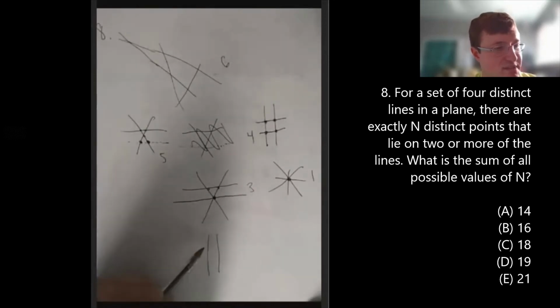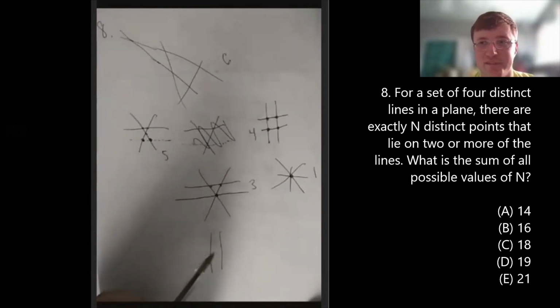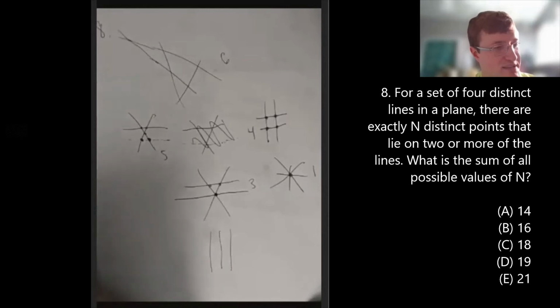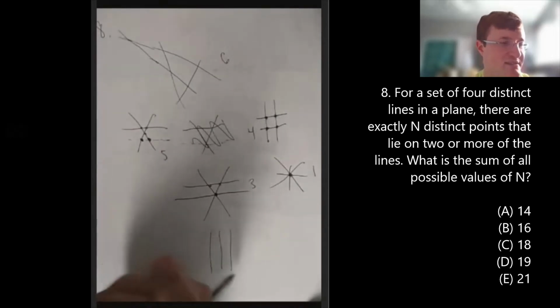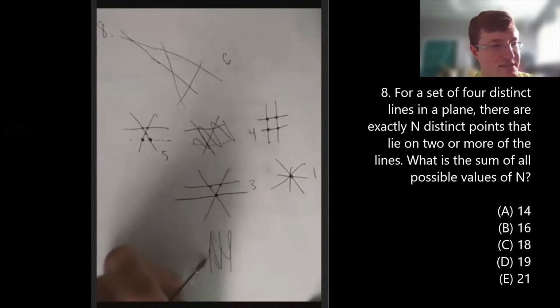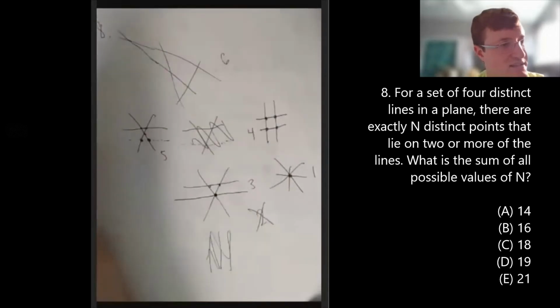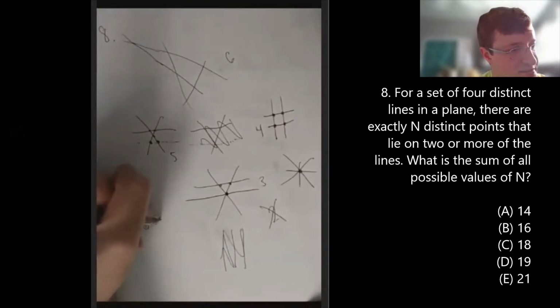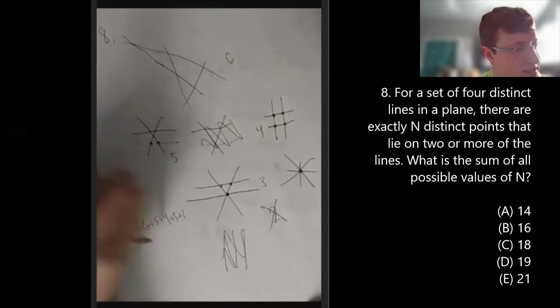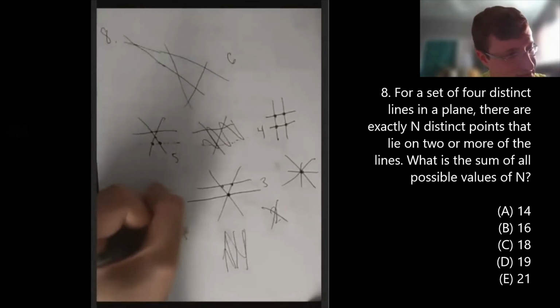If I have 2 points, then I'm in trouble because I can't add a 4th line and add no intersections. So I'd have to have 3 lines, and then the next one is going to have either 0 intersections or 3. So I don't think 2 is possible. Okay, so 6 plus 5 plus 4 plus 3 plus 1 is 15 plus, that's 19. Okay, so that's D.